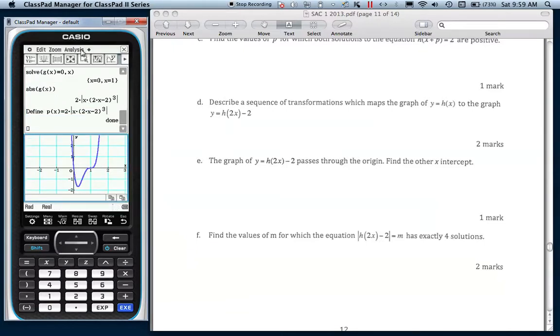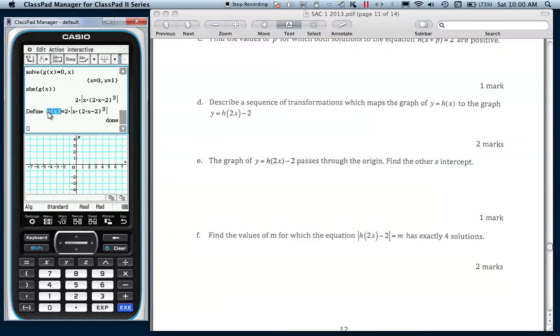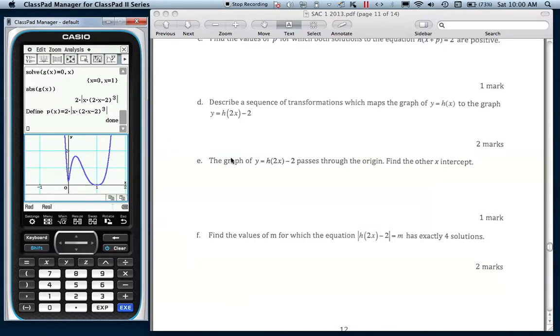And we'll just clear this and sketch the graph of it.